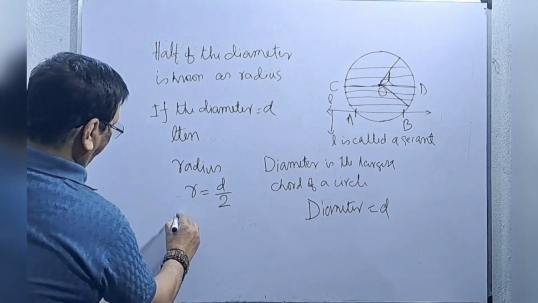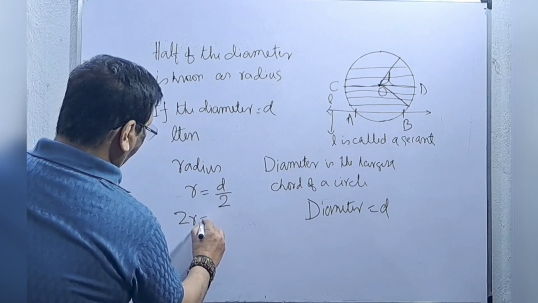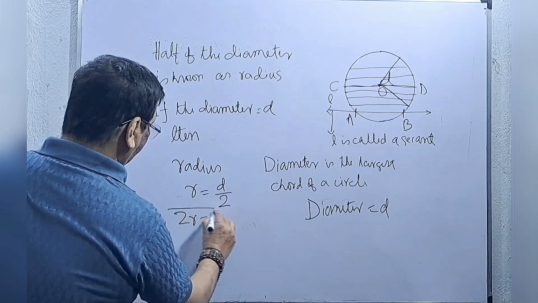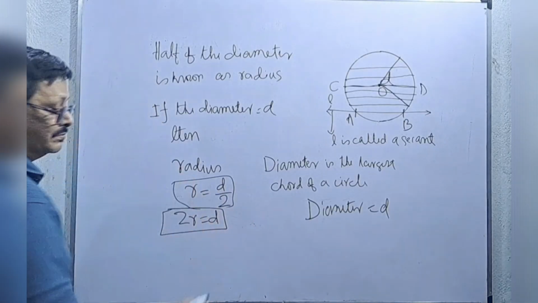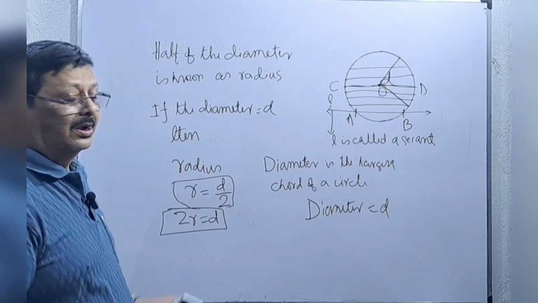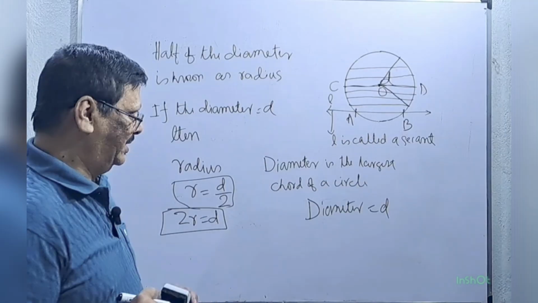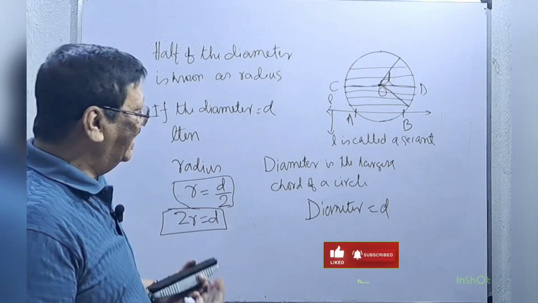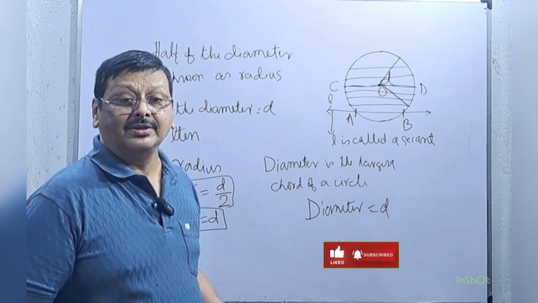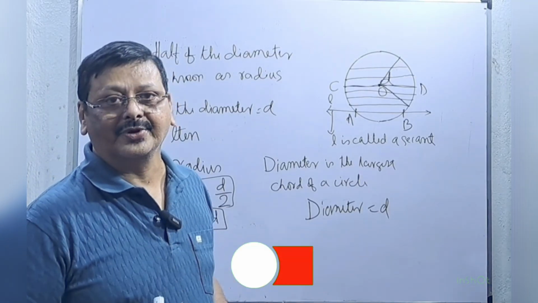From here we can write twice of r is equal to diameter. So that's two relations you have got. Okay, so this is all about diameter and radius. Now how these two parameters help us in finding out the area and circumference of a circle.